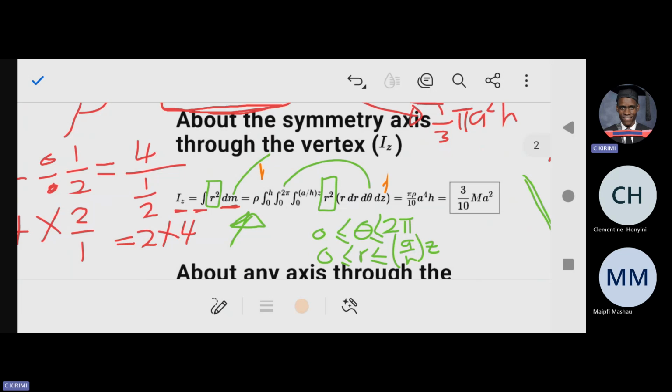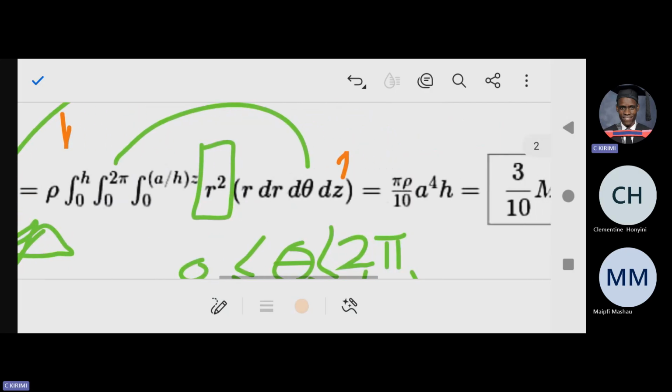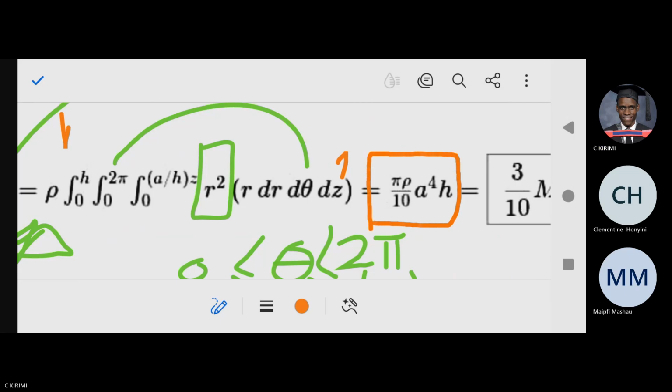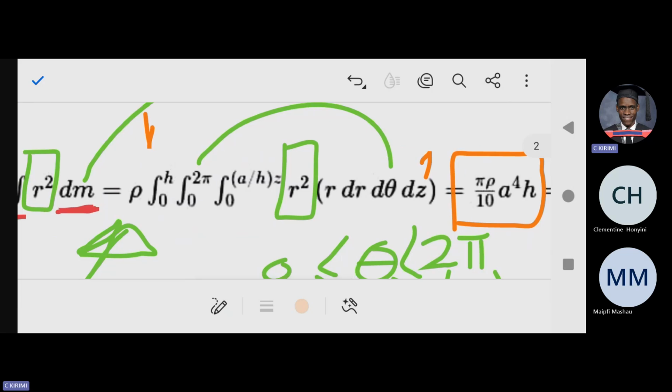We skipped a lot of steps of integrating, which are supposed to be there. So the calculus itself, when you integrate correctly, it will take you to pi multiplied by rho over 10 a to the power 4 times h. If you integrate this correctly, you integrate the first one with respect to r, and already there's an r dr there.